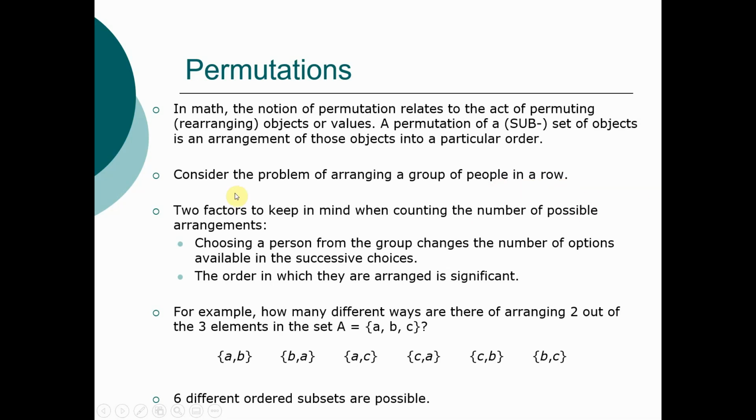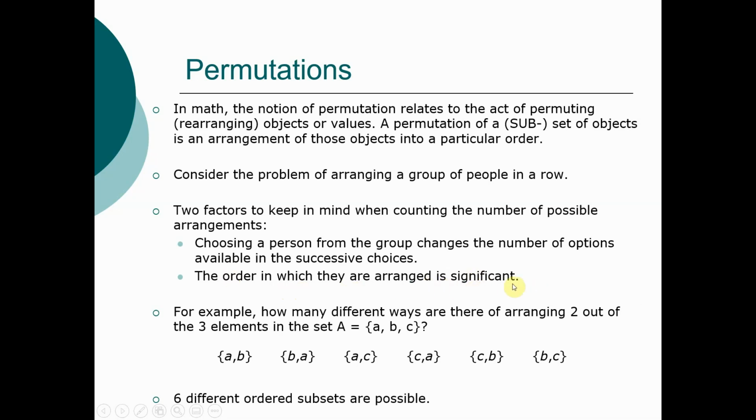All these problems can be analogous to arranging a group of people in a row. 2 factors to keep in mind when counting the number of possible arrangements. Choosing a person from the group changes the number of options available in the successive choices. The order in which they are arranged is significant.